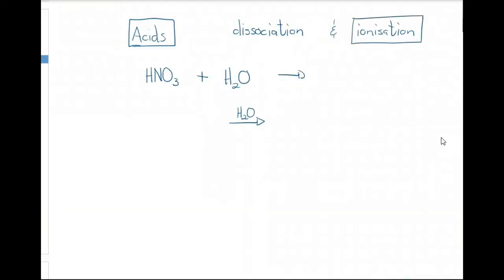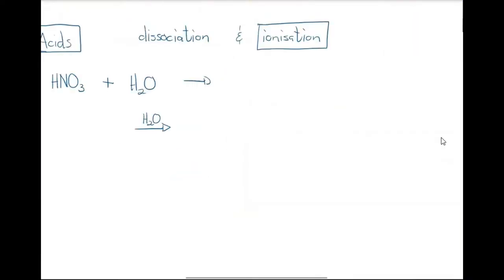Ionization is the process where covalent bonds, and so when we started, I reminded you that intermolecular forces, if some of you have looked at it, and equilibrium could come in handy.